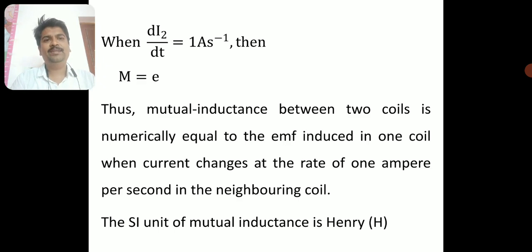Now I can define the mutual inductance in this way. If I take dI2 by dt as 1 ampere per second in the denominator, then M is equal to E. M is the mutual inductance, E is the EMF, dI2 by dt is the rate of change of current which is flowing in the coil C2.